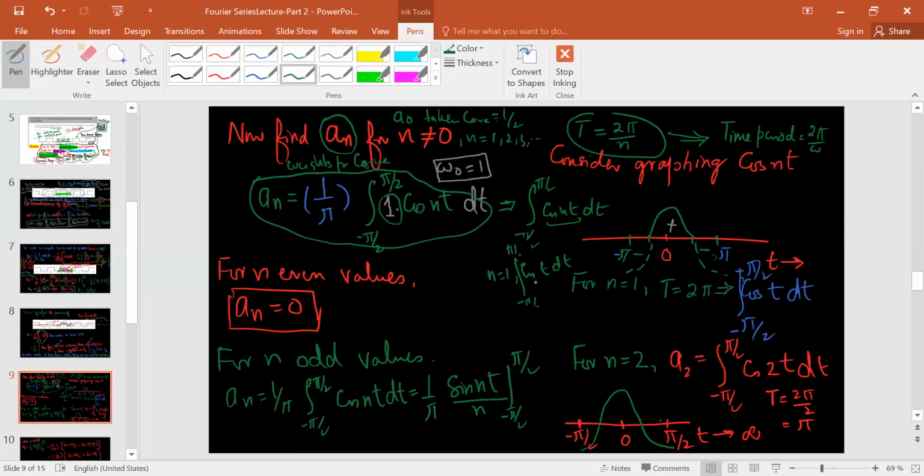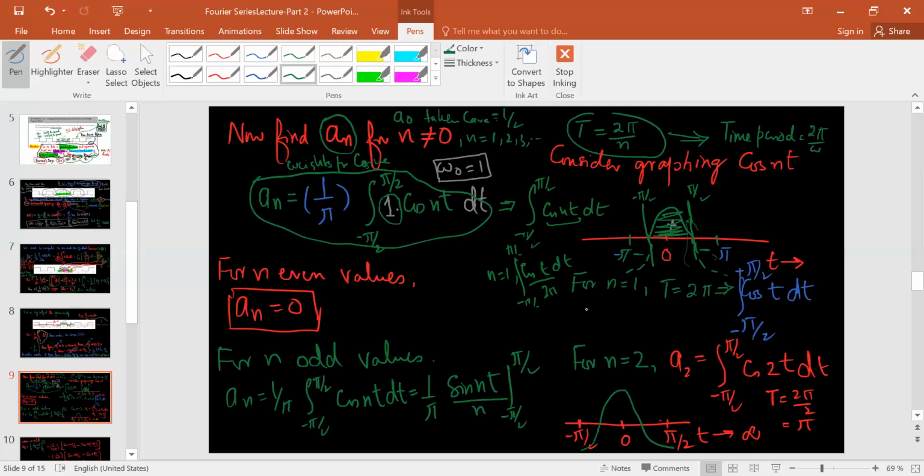Basically I look at the cosine, and this cosine t has period 2 pi. Between minus pi by 2 and plus pi by 2, these are my two walls, and I can see that there is some area. Yeah, this is the area.